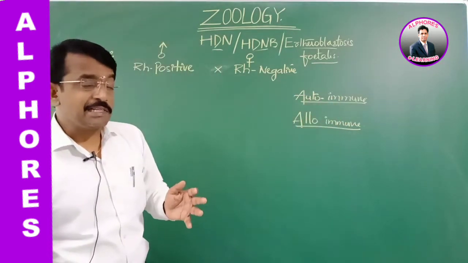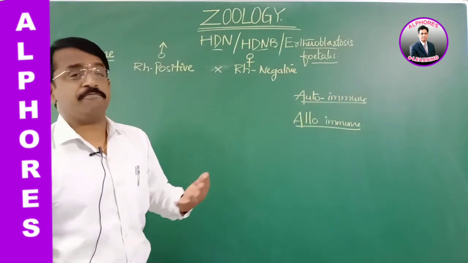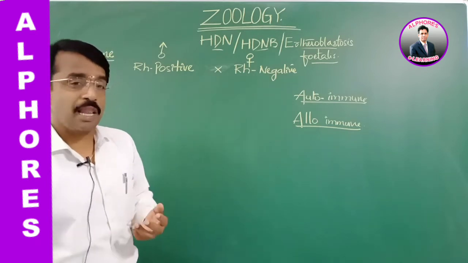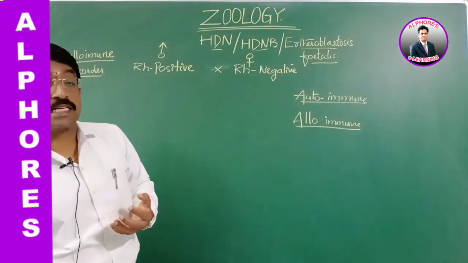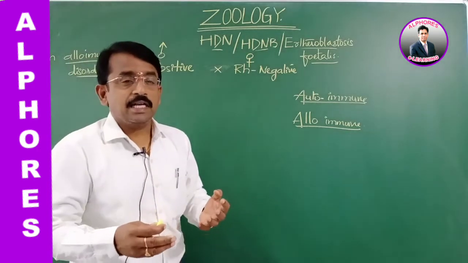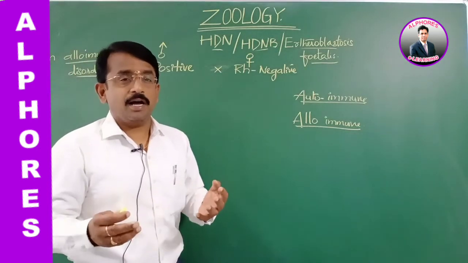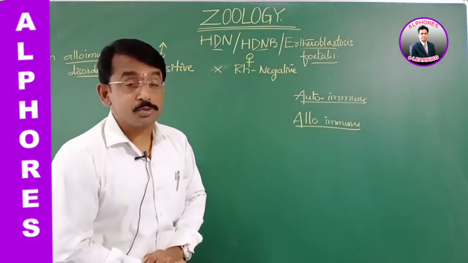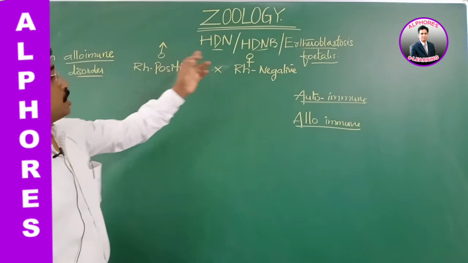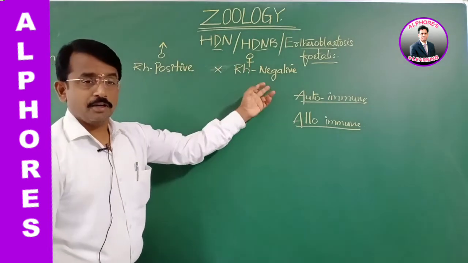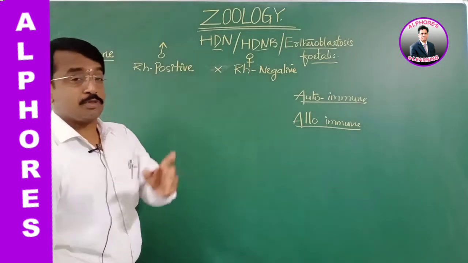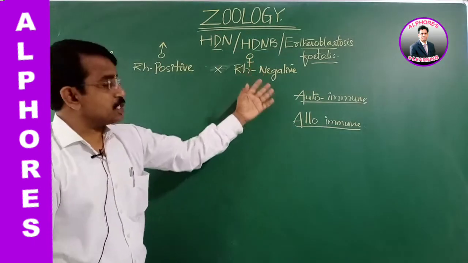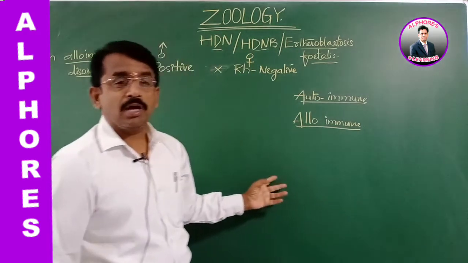Here the body itself starts fighting against its own cells. Auto means self, whereas alloimmune means within the same species but different individuals. Look at here, these two are different individuals of the same species within human beings. They are two different individuals. That's what is named alloimmune.